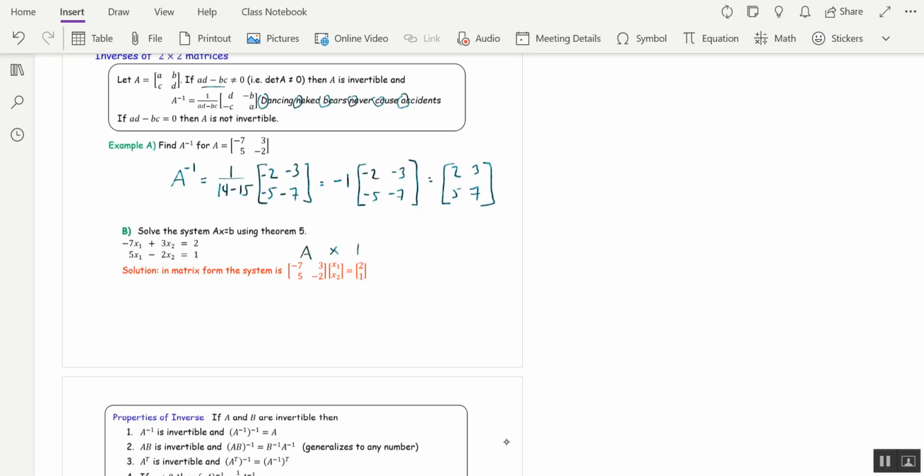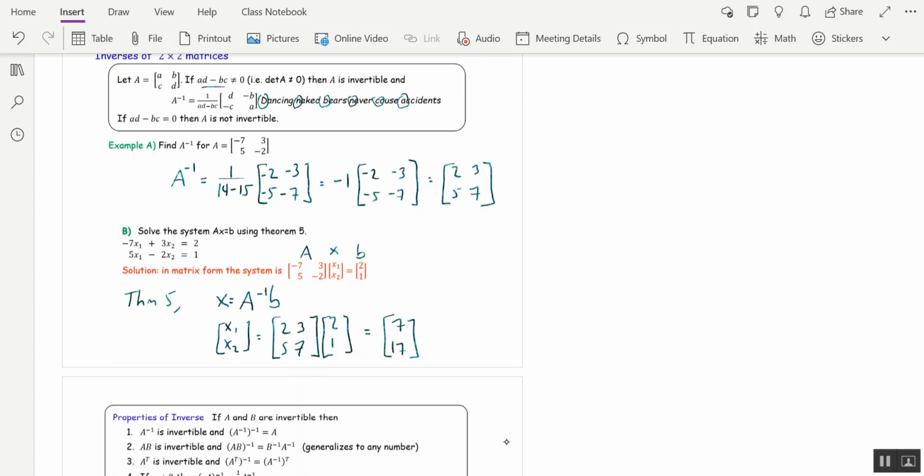This is X and this is B. And so by Theorem 5, we have X equals A inverse B. So that's X1, X2. We found A inverse. A inverse was 2, 3, 5, 7, and B is 2, 1. And when we multiply those two things out, we get 7, 17. So that's our unique solution.